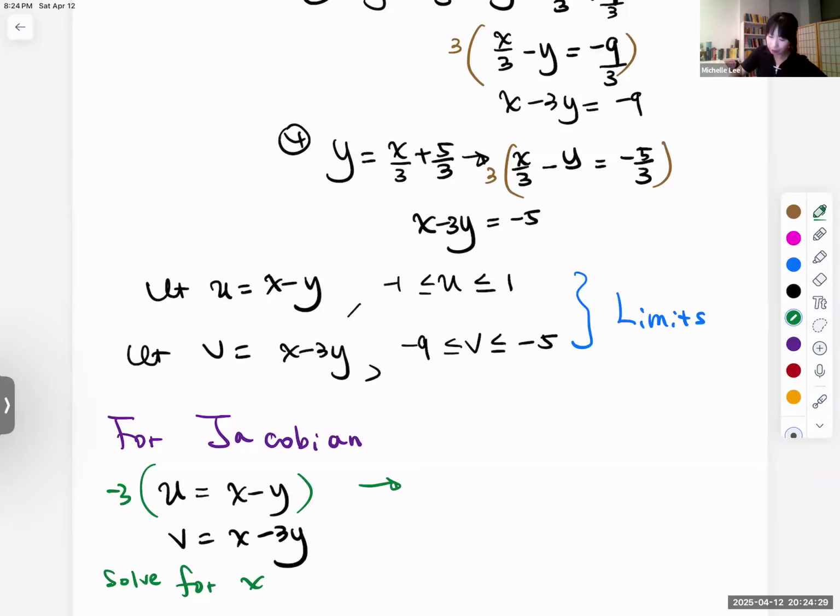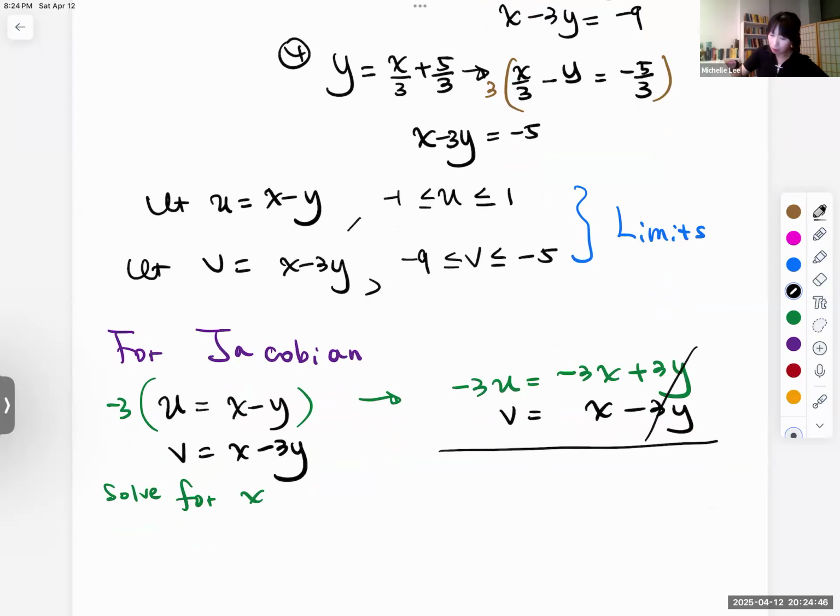So we have negative 3u equal to negative 3x plus 3y, v equal to x minus 3y. So that will be negative 3u plus v equal to negative 3 plus 1, which is negative 2, right? So negative 2x. So divide by negative 2 on both sides. So x equal to 3u plus v over 2, right?